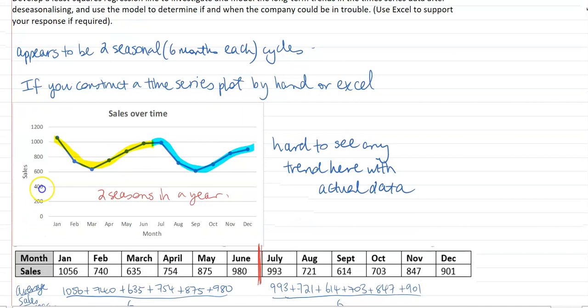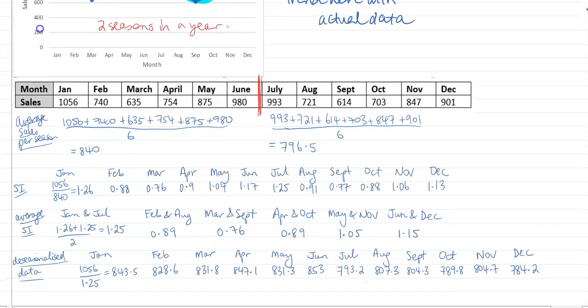So going through the process of deseasonalizing the data, we want the average sales per season for this first season, and I get 840. Second season, 796.5. From there, I work out the seasonal indices for each month within both seasons.